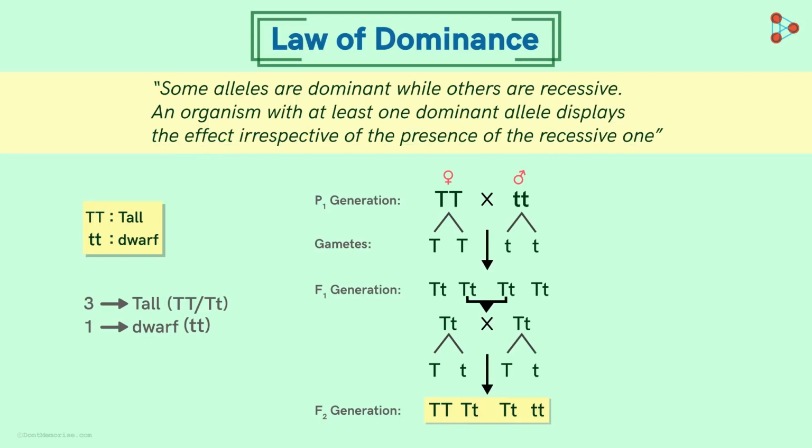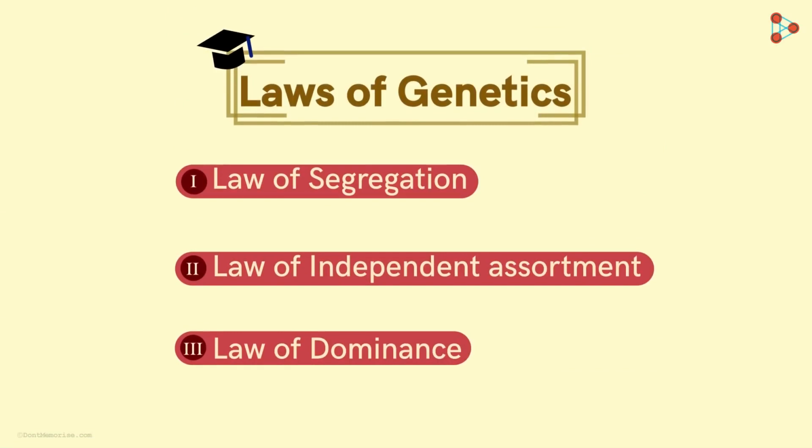So as we can see here that these 3 plants are tall because they contain the allele T for tall trait. This one has both the dominant alleles and these 2 have one allele for the dominant trait. Its presence masks or suppresses the effect of the recessive allele. So this was about the third law of genetics called the law of dominance.